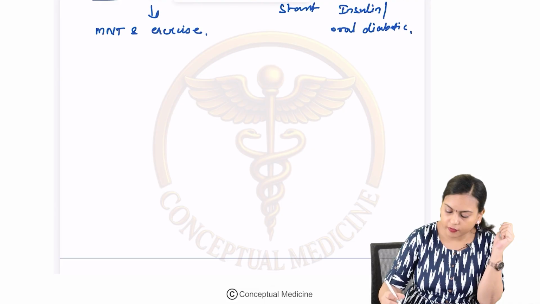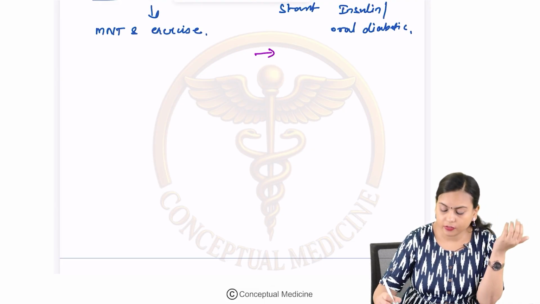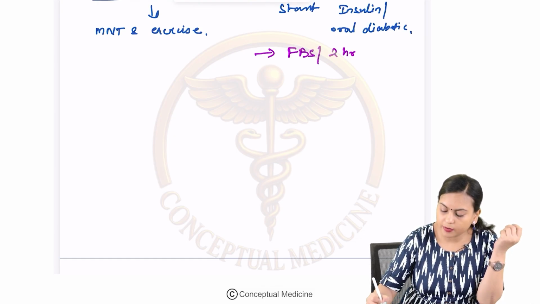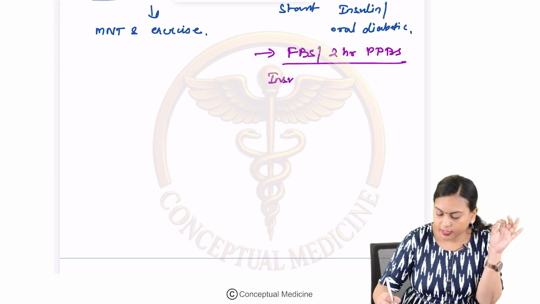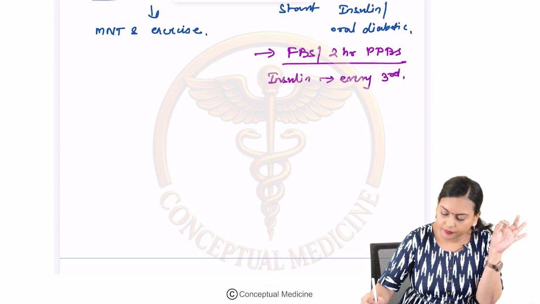Clear? Now, even if we start this, we have to check fasting blood sugar levels and 2-hour postprandial blood sugar levels. If you are giving insulin, that should be done every 3rd day.